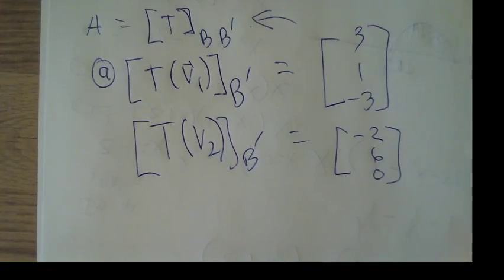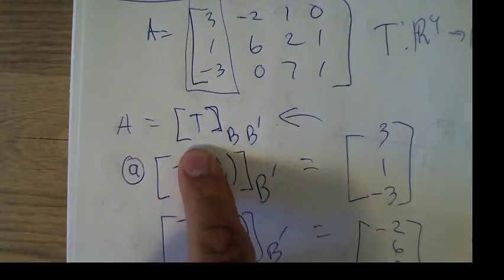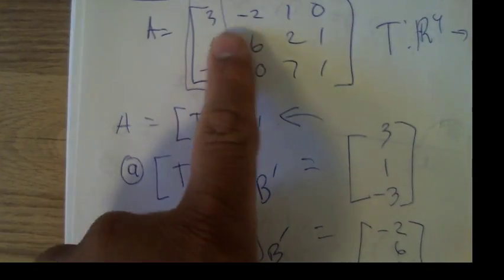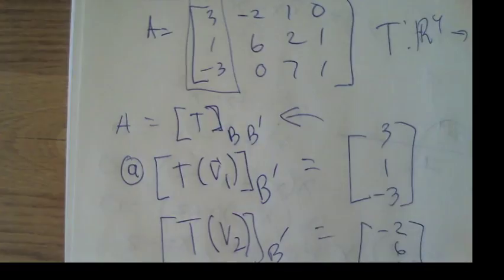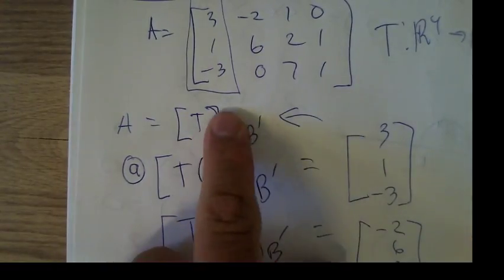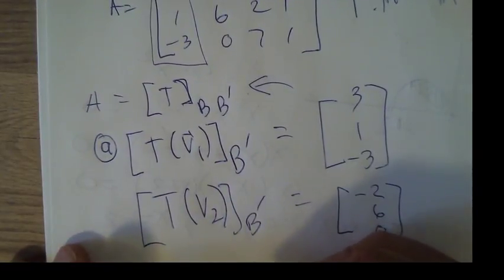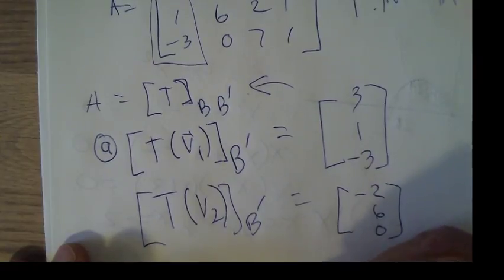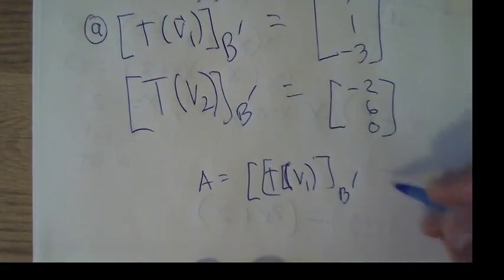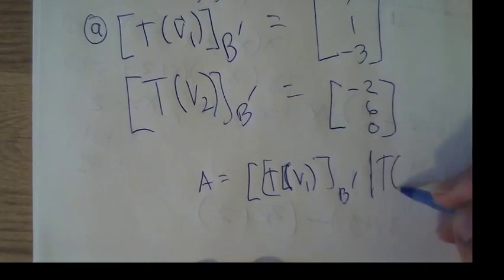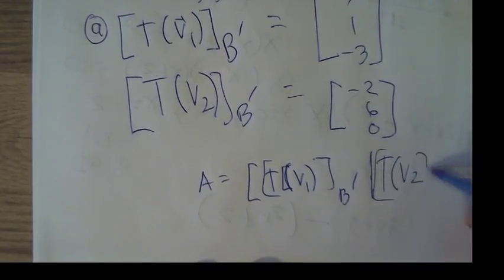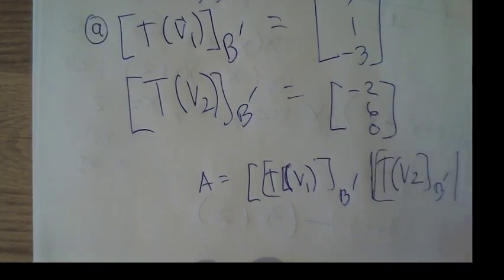So it's already given to me. The images, they tell me that this is true. The image is just the columns of those vectors. Remember, how is this matrix generated? It's generated by taking an augmented matrix, and so forth.